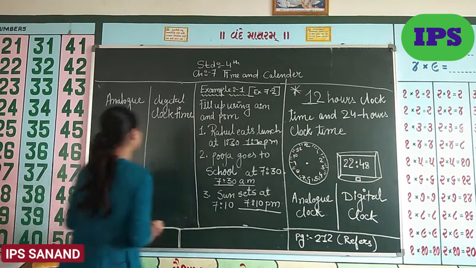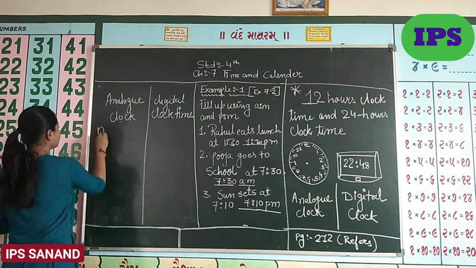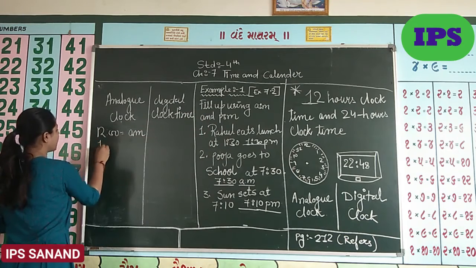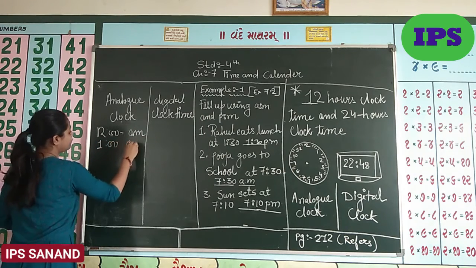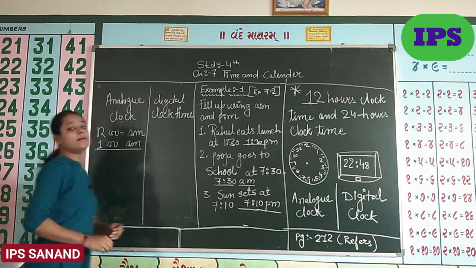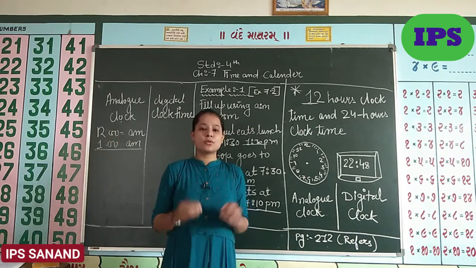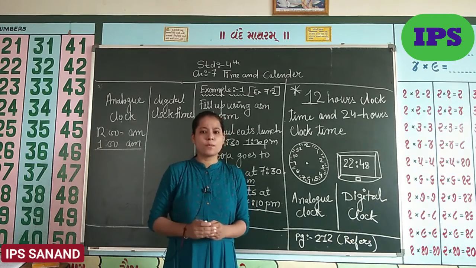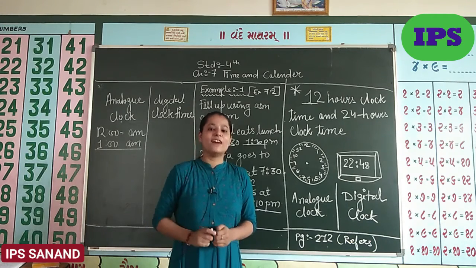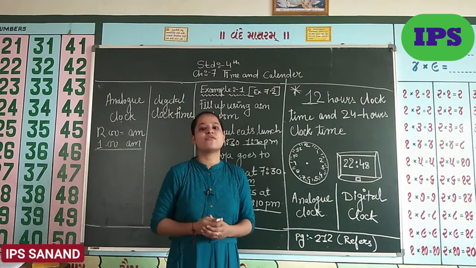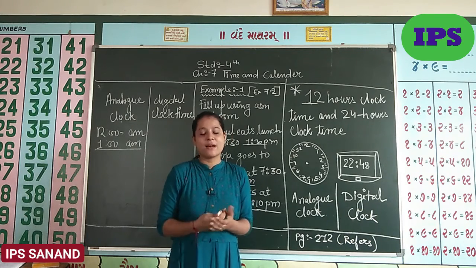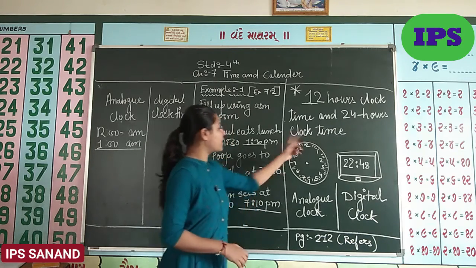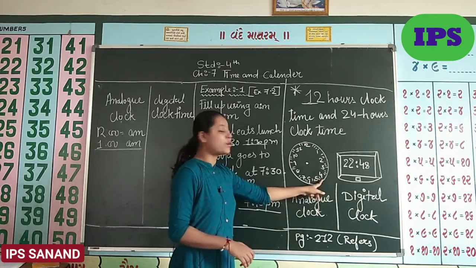So in AM time we use 12 as AM, then after that 1 AM, which will be in the midnight. Okay, so most of our parents and our mother used to wake up at 4 AM. Exactly, our mother used to wake up at 4 AM or 5 AM for us. हमारे लिए वो इतनी जल्दी सुबह उठती हैं. Okay, so in a clock, she wakes up at 4 AM.